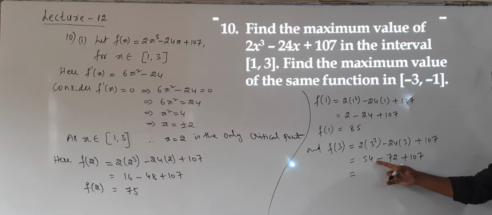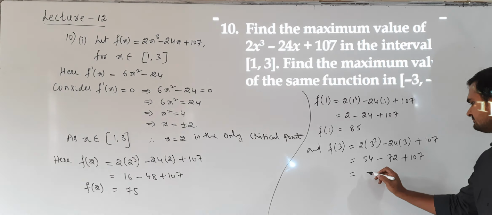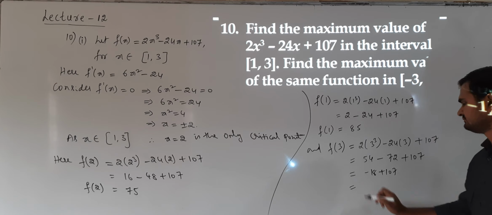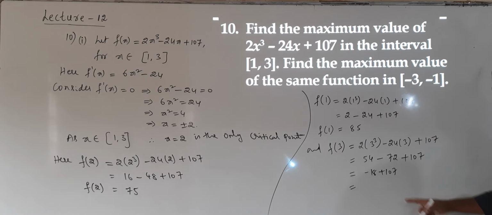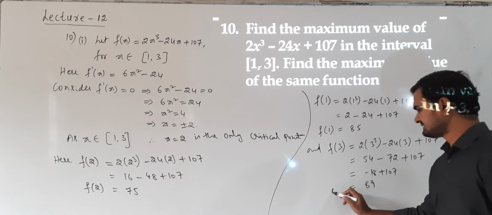So how much do we get here? Minus 18 plus 107. How much will we get here? So it is 89. So f of 3 is 89.